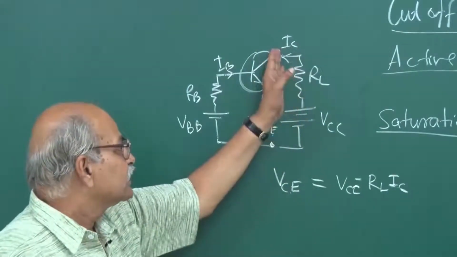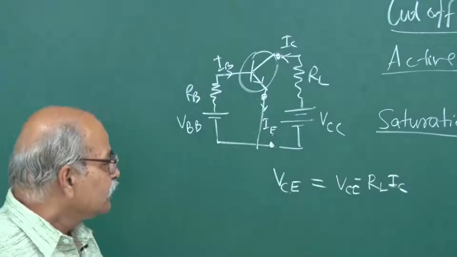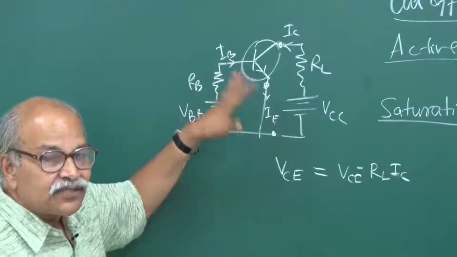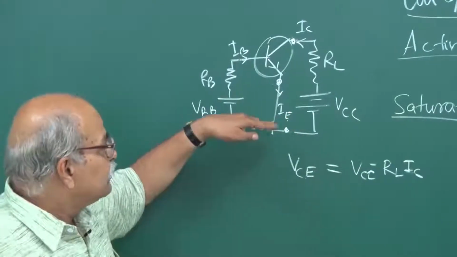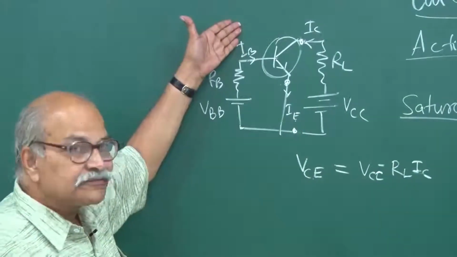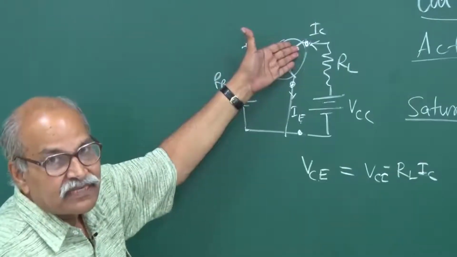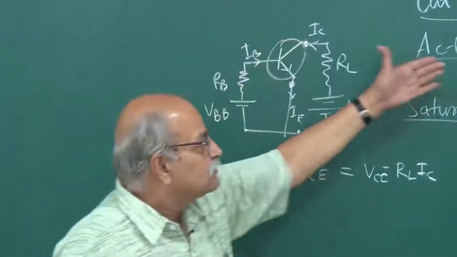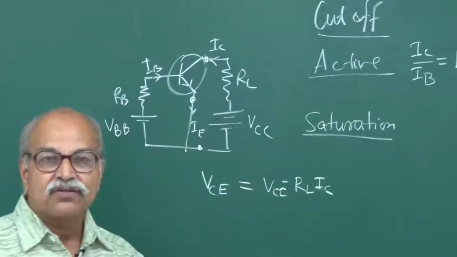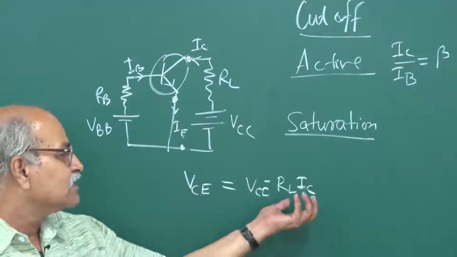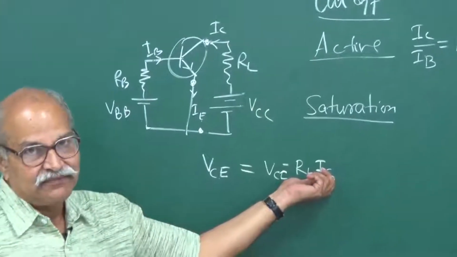So now we say that it has reached the saturation stage, and if you increase this IB further, since it is no more sufficiently reverse biased, it will not follow this equation, it will not draw that much current, and it will almost be constant at its maximum value.